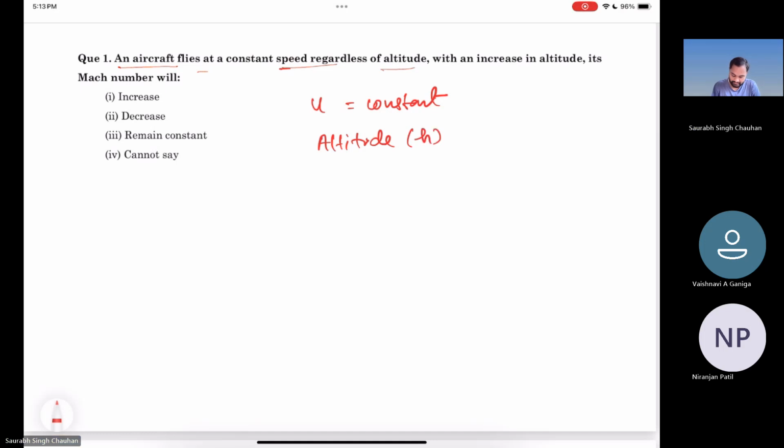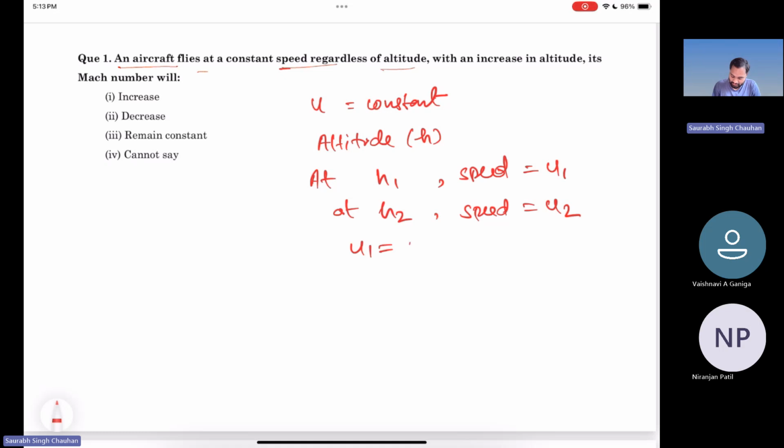So at altitude h1, speed is u1, and at h2, speed is u2, and it is given that u1 is equal to u2. We have to tell whether the Mach number will increase or decrease. How do we define the Mach number? Mach number is defined as speed of flow divided by the speed of sound. So it is the ratio of flow speed and sound speed.